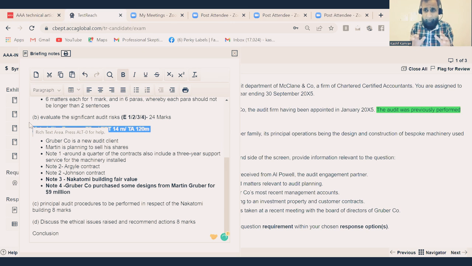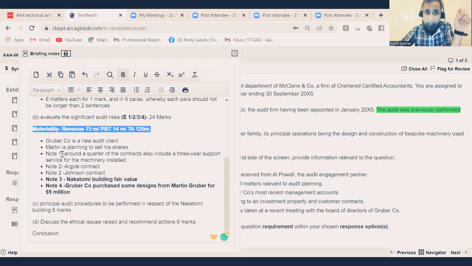So within 24 minutes, you can make the briefing note ready with appropriate information taken from the case study and dump it under A, B, C, D. After 24 minutes, you will have a skeleton briefing note with lots of things coming under A, B, C, D. Now you can start writing the answer in the remaining 73 or 74 minutes. I hope that technique will benefit you if you do the same at home ahead of your exams.